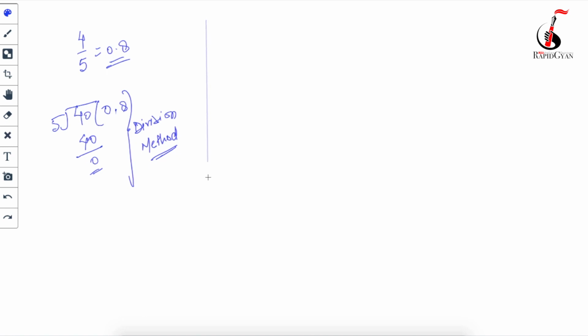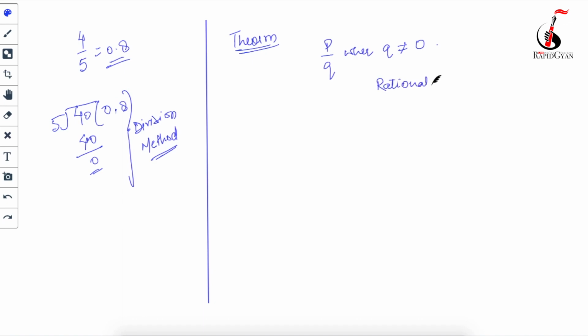Please listen to my words very carefully. What is the theorem saying? The theorem says that there is a rational number P upon Q, where Q is not equal to 0. This is your rational number, and we know that rational numbers are of two types.